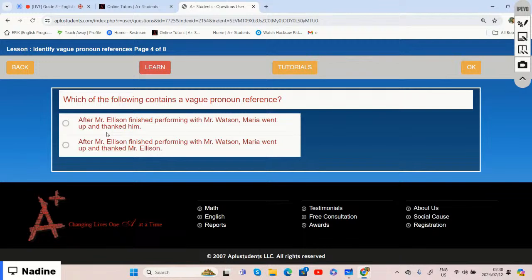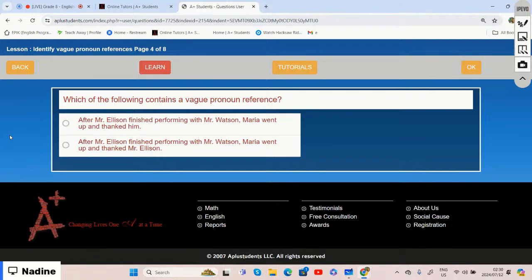All right, the next one says, which of the following contains a vague pronoun reference? It says, after Mr. Ellison finished performing with Mr. Watson, Maria went up and thanked him.